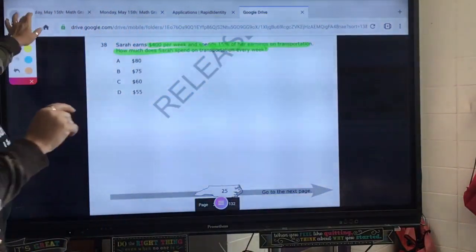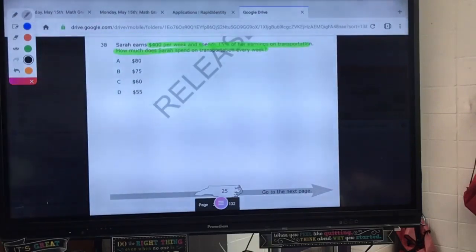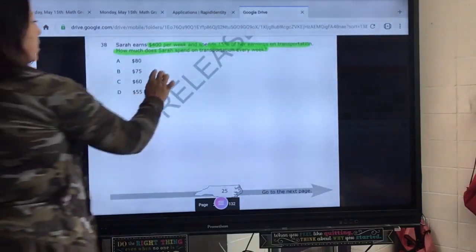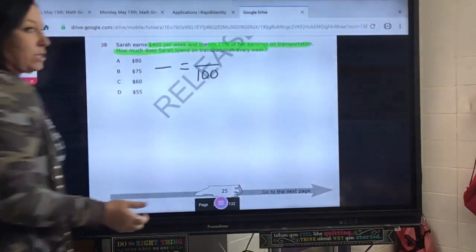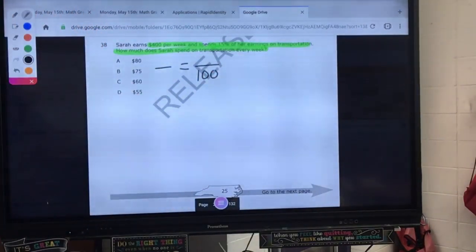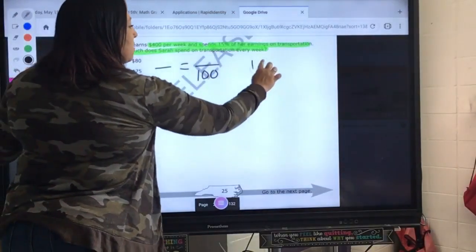All right. So this one, a couple different ways you can do this. You can set it up in your proportion equation, or if you understand, this actually would probably be calculator active, and I just got the new calculators today that you guys are going to be using, so we will start using those tomorrow. But if you understand percents, this percent becomes what decimal?